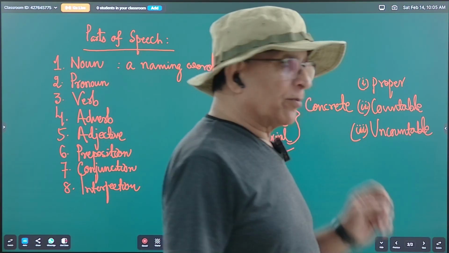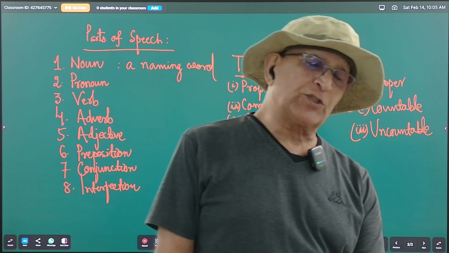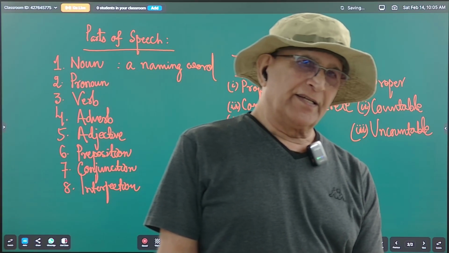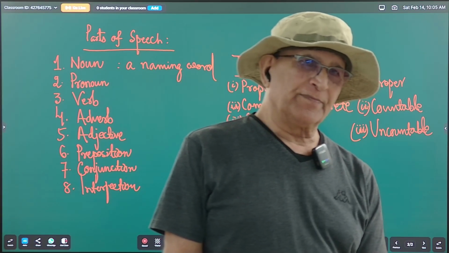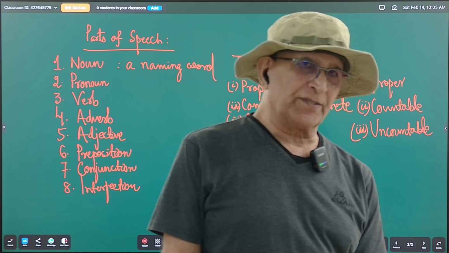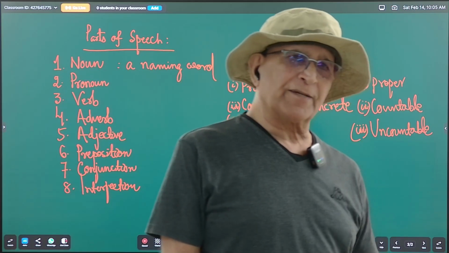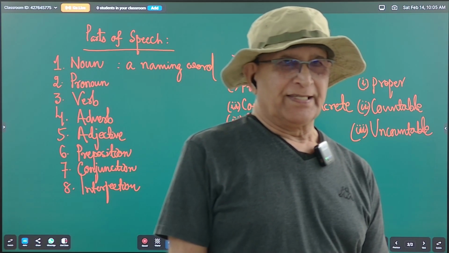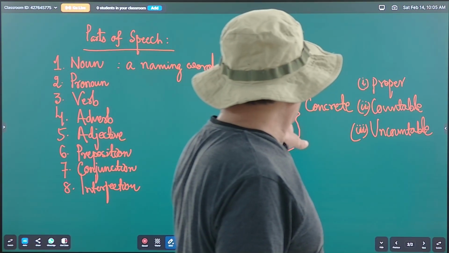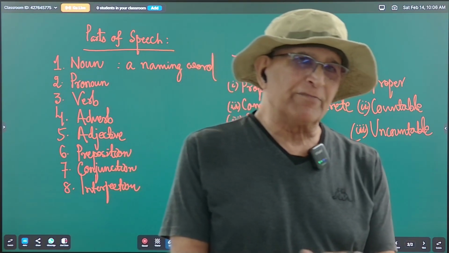Number 1, proper noun. All names proper. If I say Bhubaneswar, you will say it's a proper noun. If I say Canada, Toronto, Montreal, United States of America, Kilimanjaro, Everest, Mahanadi, these are proper names. These are proper nouns. If I say bottle, you need not search for all this common, collective, material, abstract, etc. Modern grammarians have made it very easy.